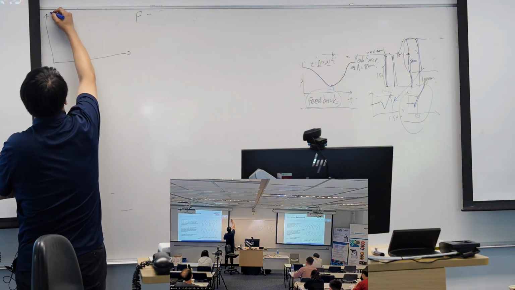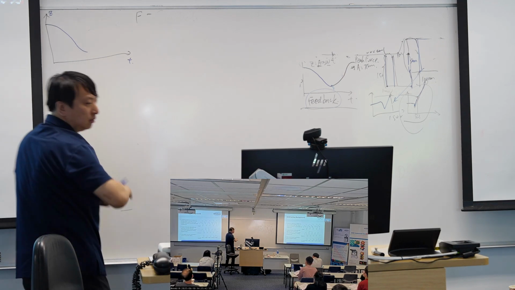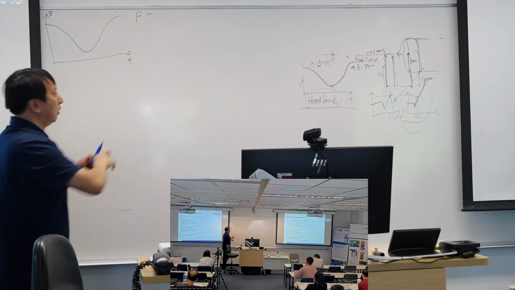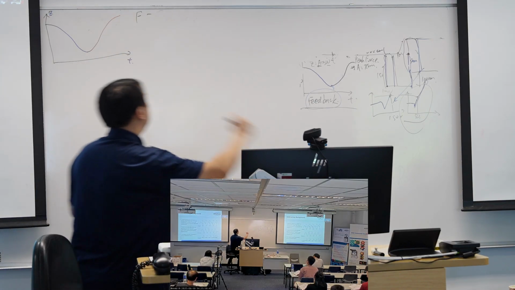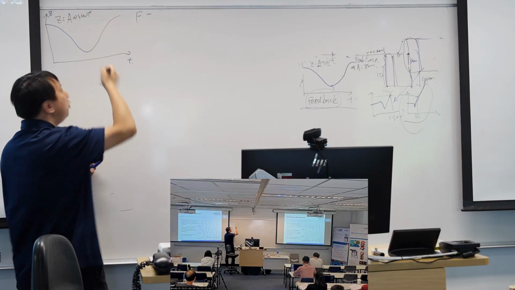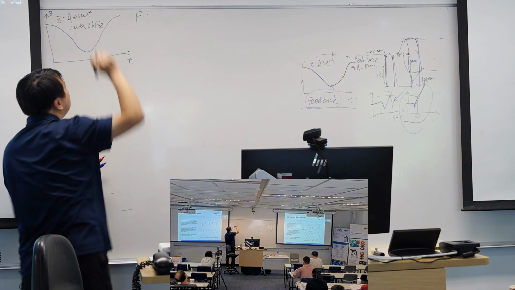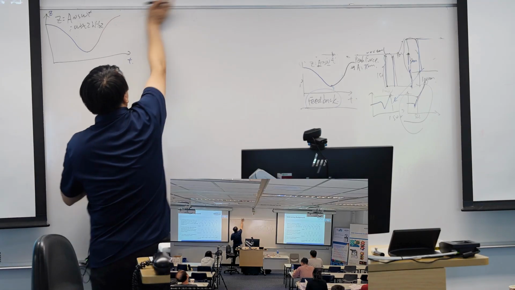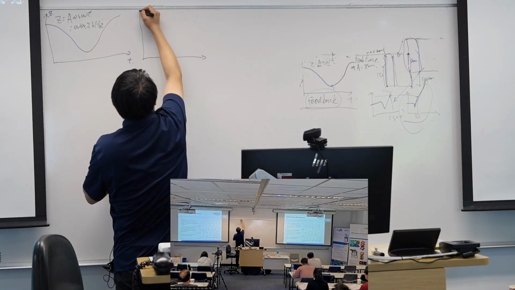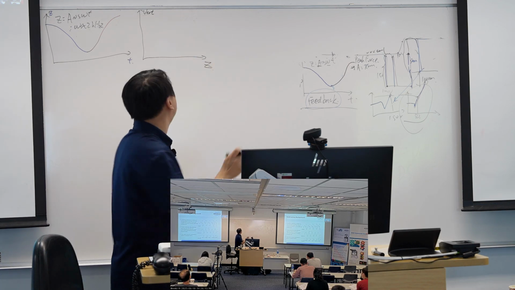Here is my Z over time. The function is Z equals A cosine omega t. Usually, omega is about 200 kilohertz. Okay, so let's think about the force. I'm sorry, vertical over time.